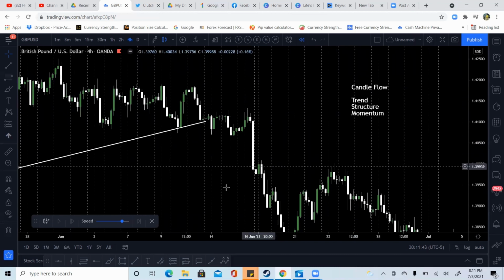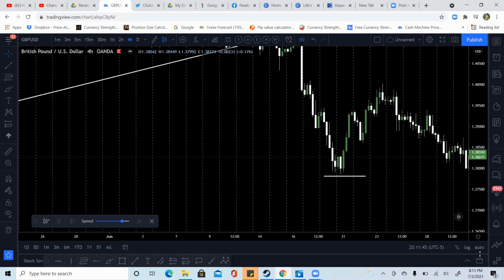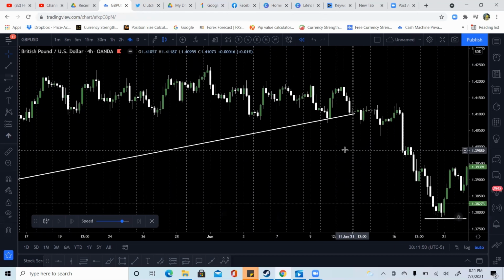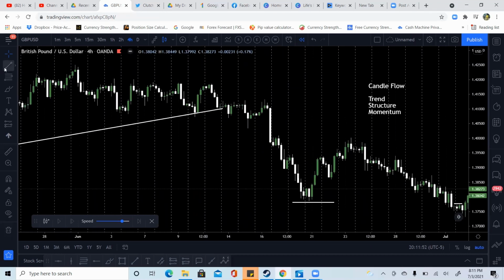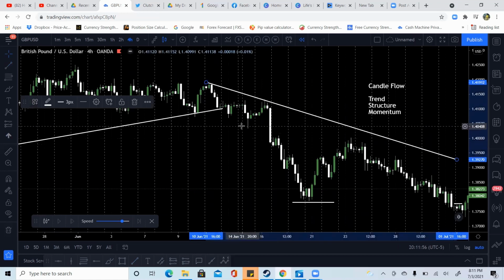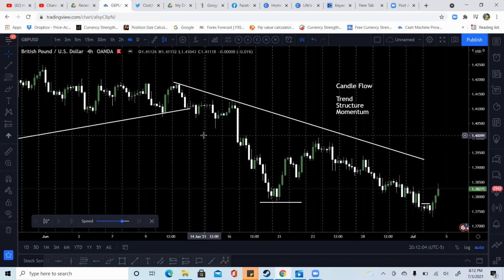So trend, of course, is understanding where the market is trending. A lot of people use trend lines, even though I'm not a huge fan of trend lines. A lot of people use trend lines to visualize it. I'm not a huge fan of using trend lines as support and resistance, but visualizing a downtrend without indicators is helpful.